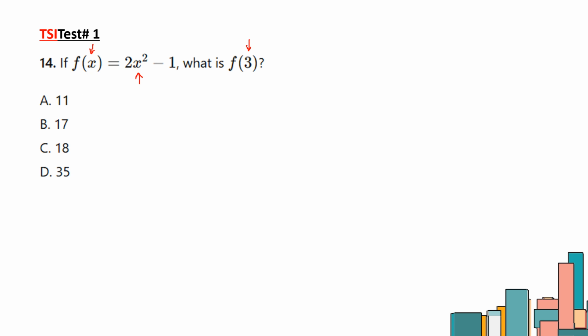Okay, so f of 3 equals 2 times 3 squared minus 1. Now calculate that. 3 squared is 9, 3 times 3. That is 9, times 2 is 18, minus 1 is 17. So B is the correct answer.